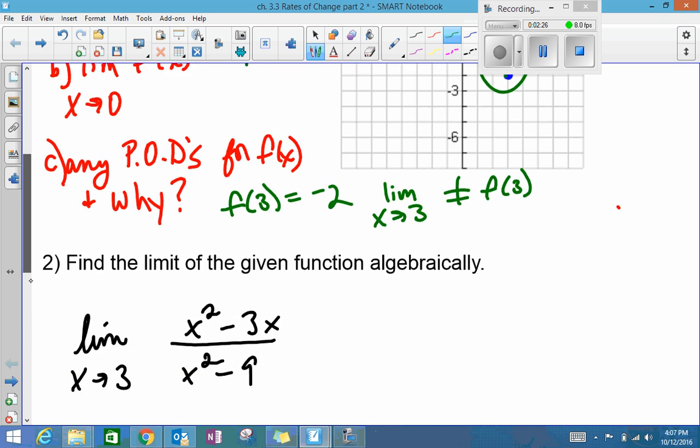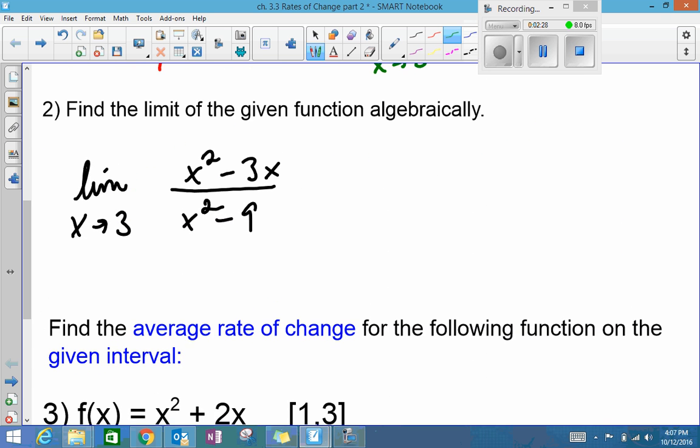Okay? So now we go down here, find the limit of the given function algebraically. So again, the first thing you do when you're trying to find algebraic limits is first try to fill in the value. So we get 3 squared is 9 minus 9 over 9 minus 9. So we get 0 over 0. That's an indeterminate form. So we have to continue on and factor.